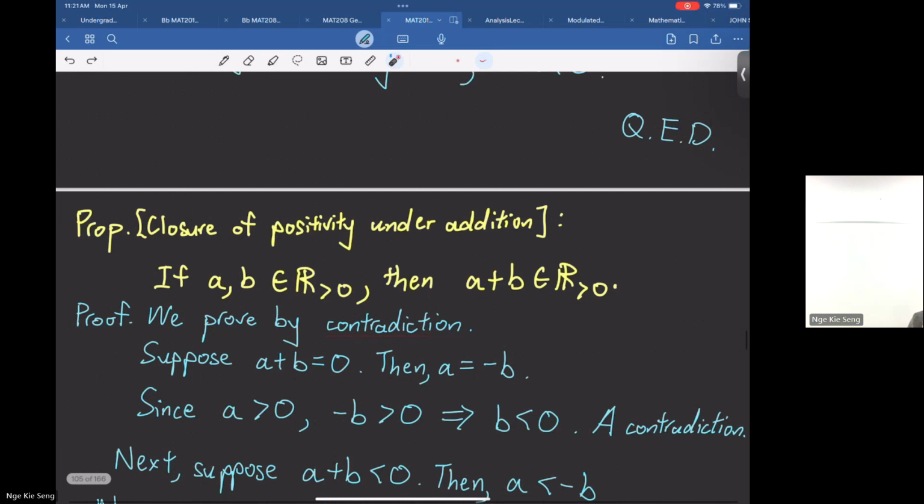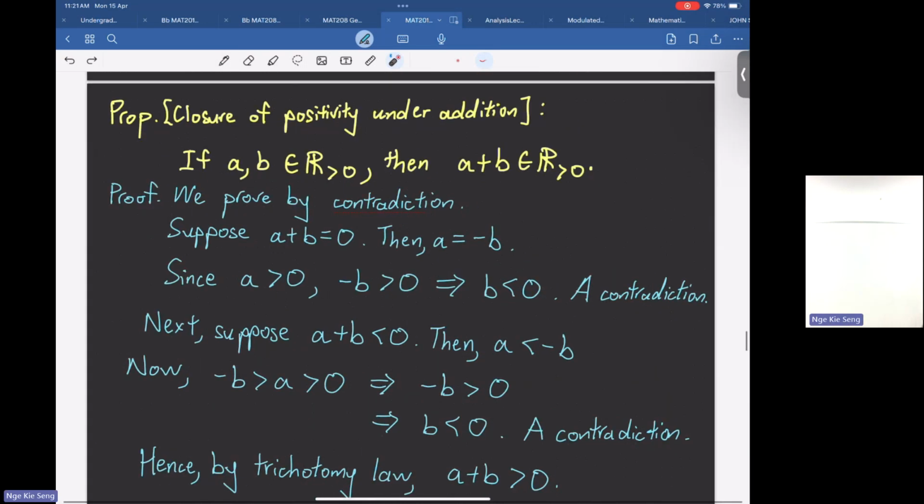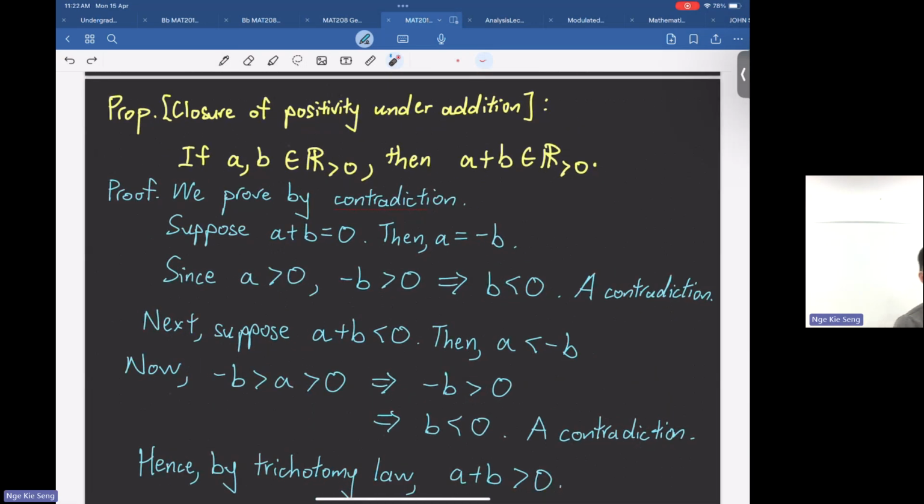And then it's about this closure of positivity under addition. So if you add two things that are greater than 0, the addition is also greater than 0. We need to prove it. It's not entirely clear why it is true, although it is true for natural numbers, right?